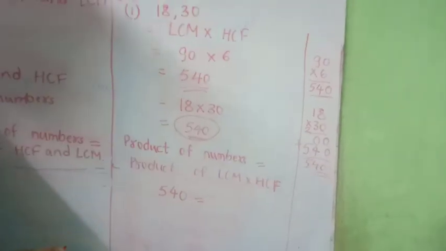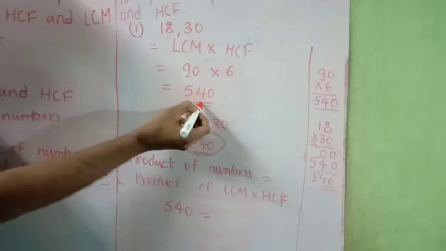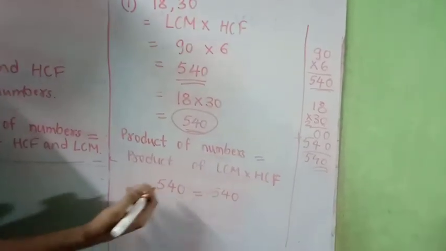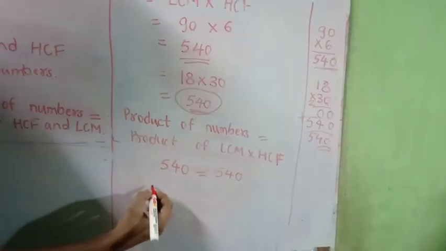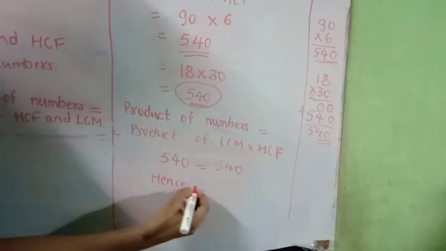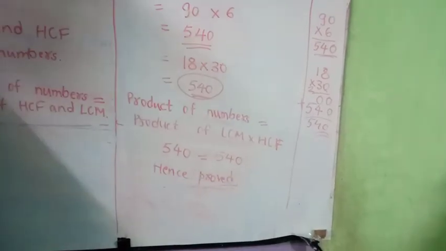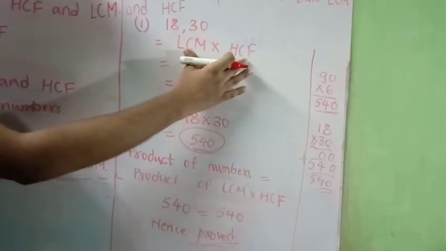We will see whether it is equal or not. Product of LCM and HCF was 540. So both the sides are equal. If both the sides are equal, that means we have verified. So we will write hence proof. मतलब हमने proof कर दिया that the product of the given numbers is equal to product of their LCM and HCF.